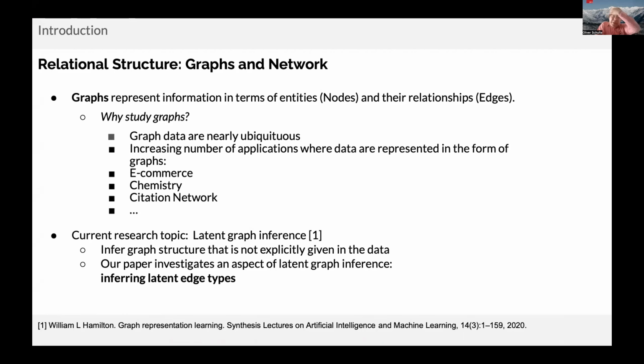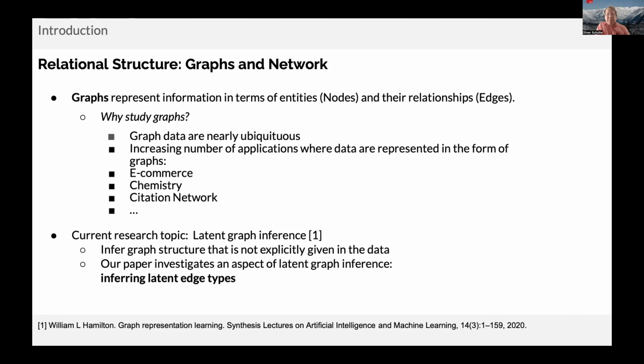There's a current research frontier, which is sometimes called latent graph inference, for example, by Hamilton from McGill in his textbook, where the idea is that you may not be given the graph structure explicitly. So in text mining, for example, one problem is to extract relationships from texts, or from image data, a task is to extract a scene graph.